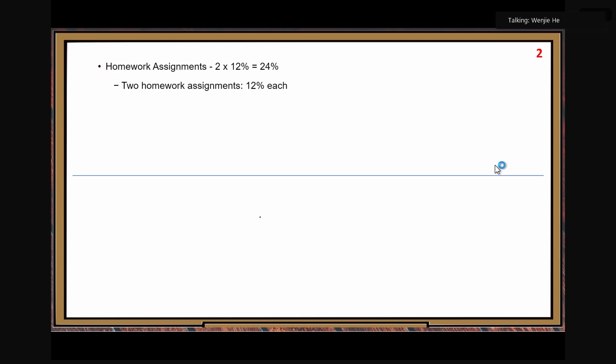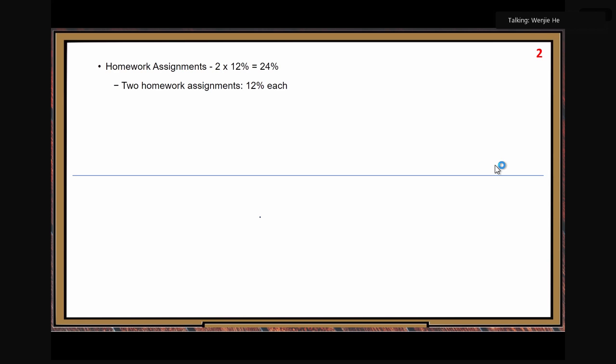Homework assignments, 2 homework assignments here. Regarding assignments, we have several types of assignments. Homework assignments, quizzes, and projects. These 3 types of assignments. Then tests. All right. So the 2 homework assignments, I call them big assignments. We have small assignments, big assignments.